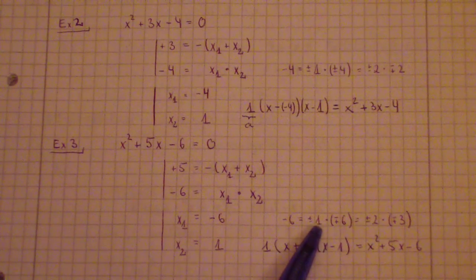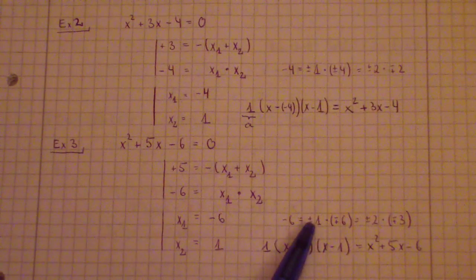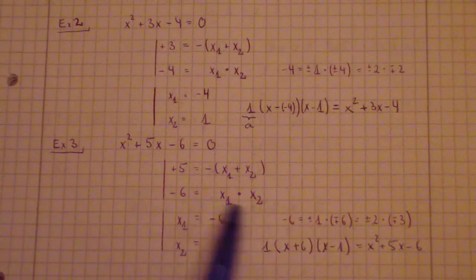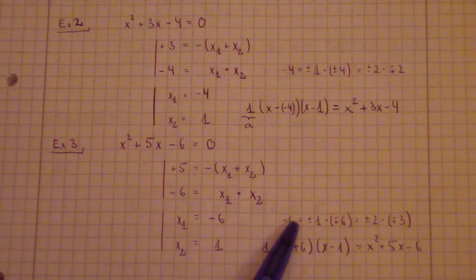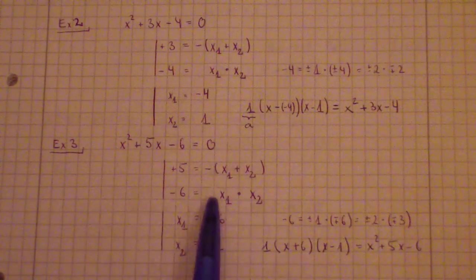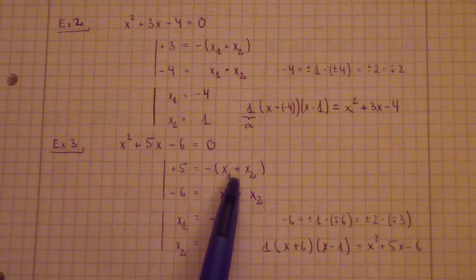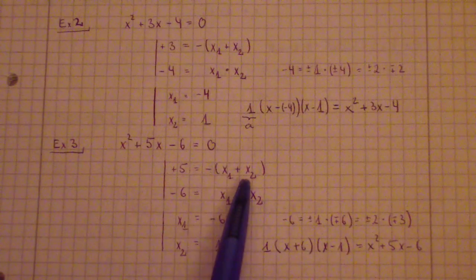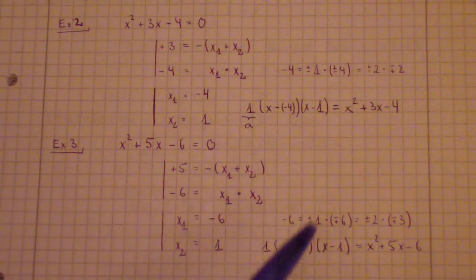For example, let's just test the right solution, minus 6 and plus 1. This is trivial because we generated our pair of guess solutions like this. Now, minus 6 plus 1 will give you in total minus 5, and minus 5 will give you plus 5.